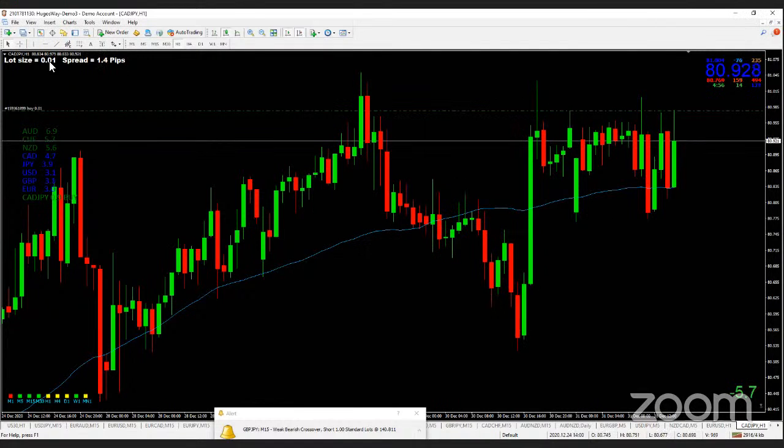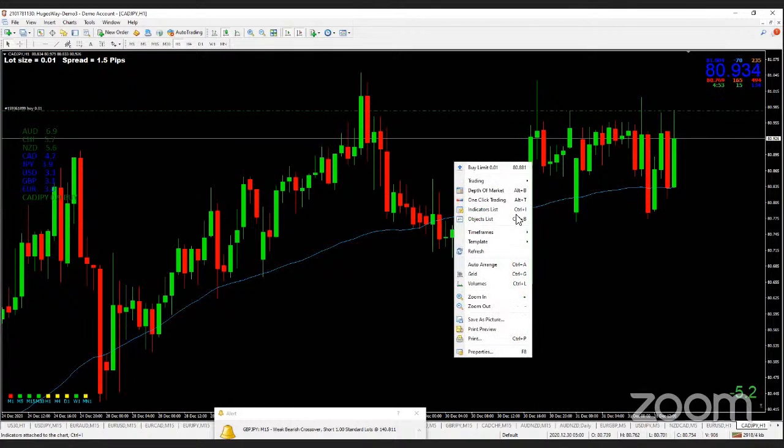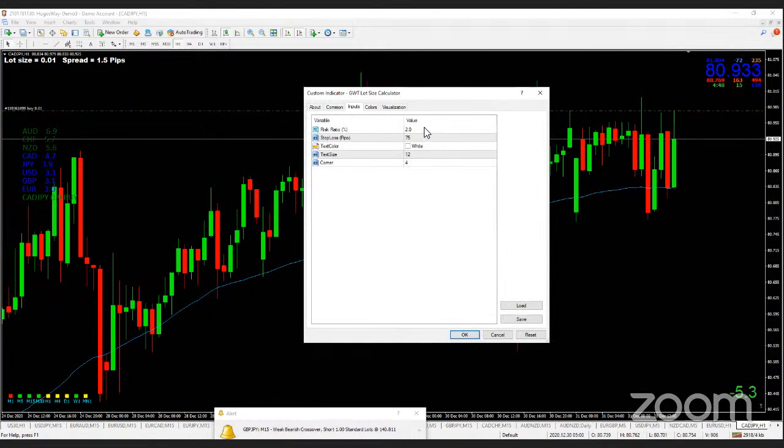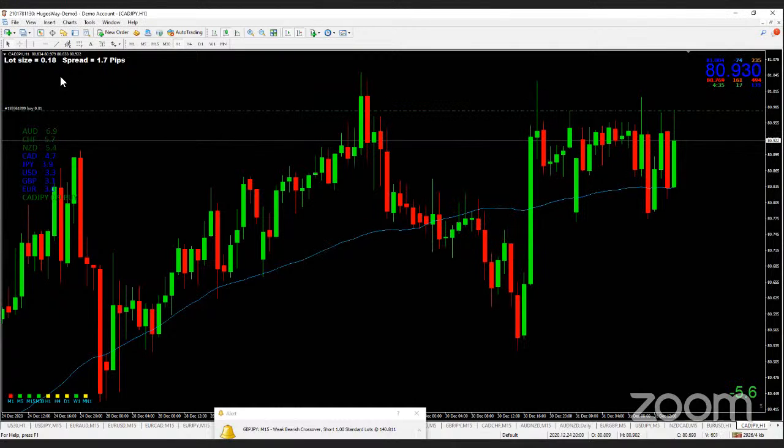Okay, it's saying the same thing, so let's try something different. Let's say I want to use 5% of my account, and I want to go with just 15 pips. You can see here it tells me I will need to use 0.19 lots.